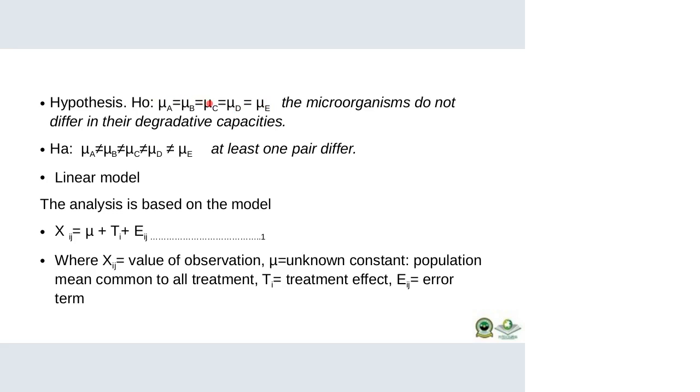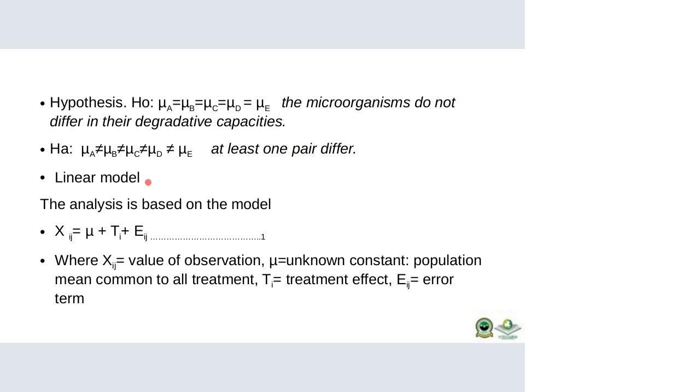A is not superior to B, B is not superior to C, C is not superior to D, D is not superior to E. Then for the alternative hypothesis, at least one of the pairs of these microorganisms differ. That means at least one of these organisms should be superior to the other. But the one that is superior, we do not know. We will know at the end of the experiment.